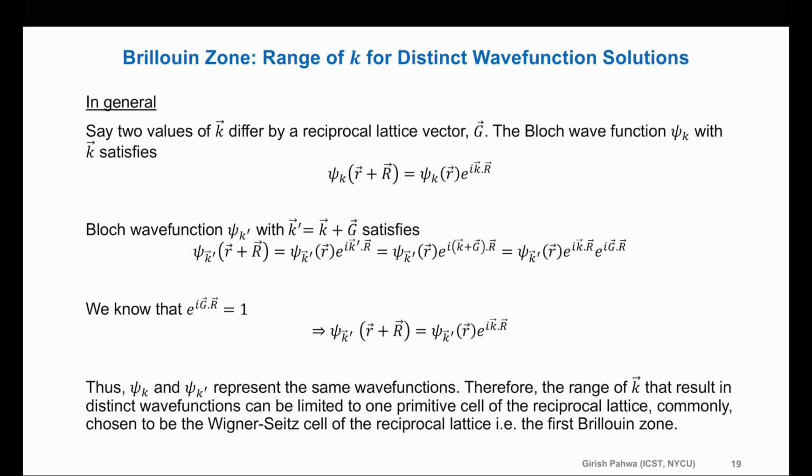So in 1D it was simply a length, in 2D it will be some area, a primitive cell, in 3D it will again be some volume, and better if you choose the Wigner-Seitz cell. We have seen the Wigner-Seitz cell. For FCC, what is the Wigner-Seitz cell? For BCC, what's the Wigner-Seitz cell? We have seen all of those shapes. They will be useful for us because we know that in that particular volume, all the k's will have distinct wave functions.